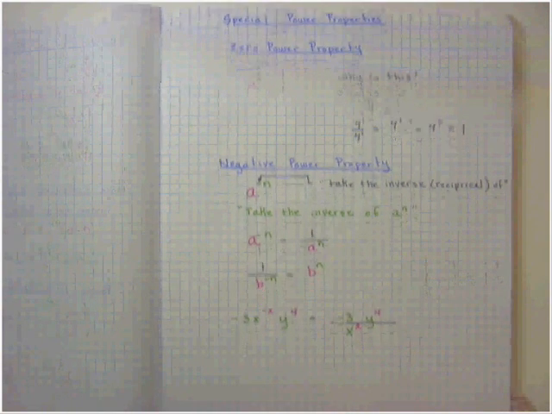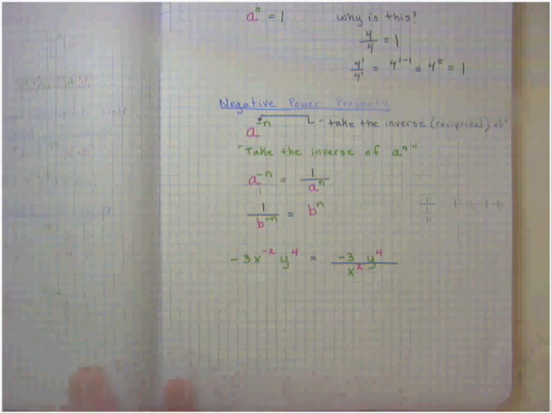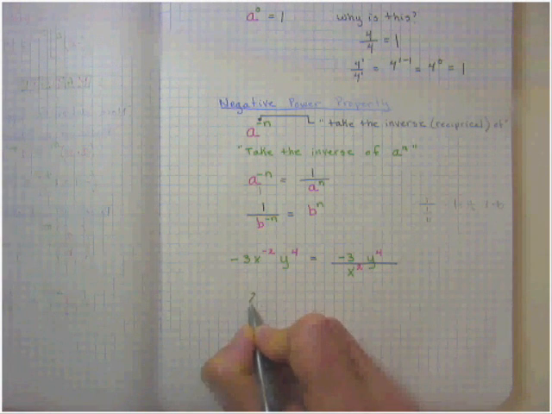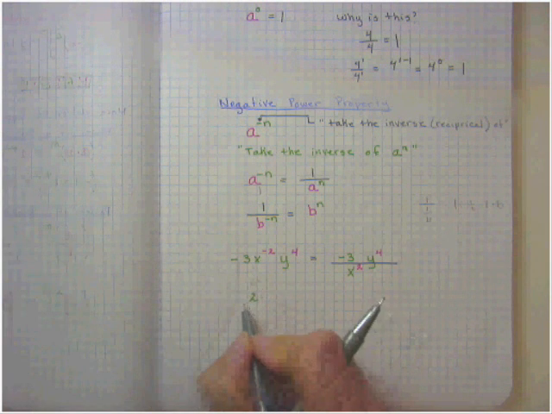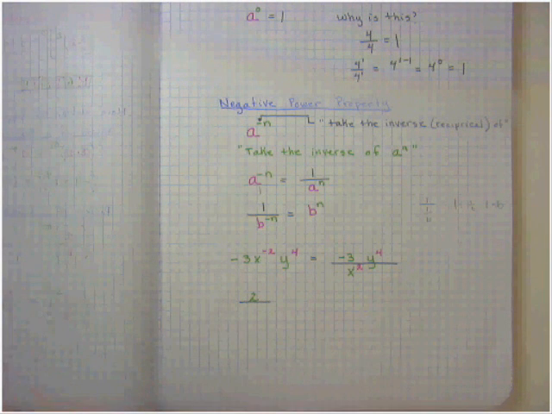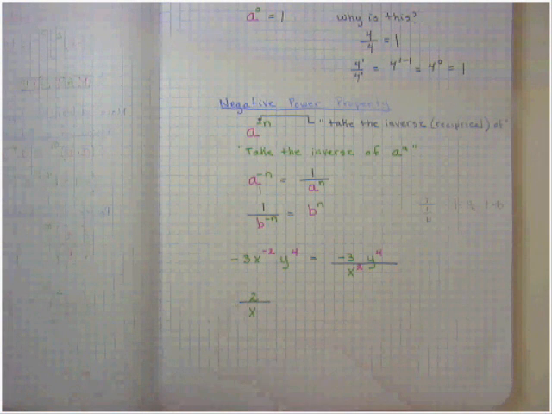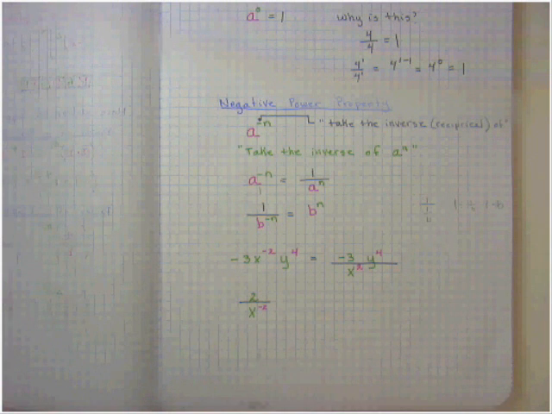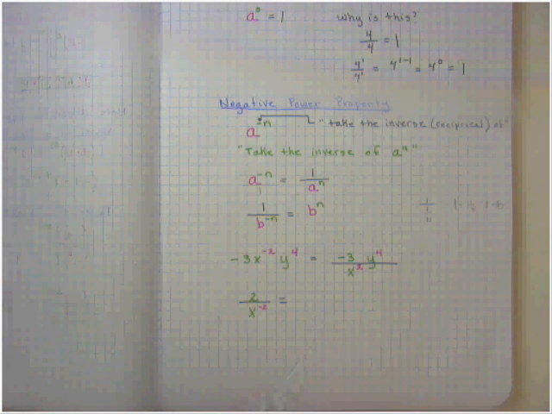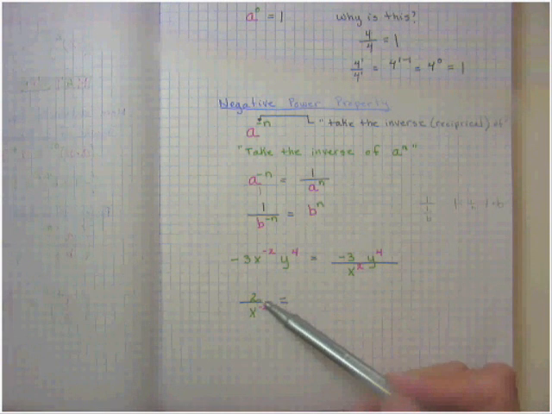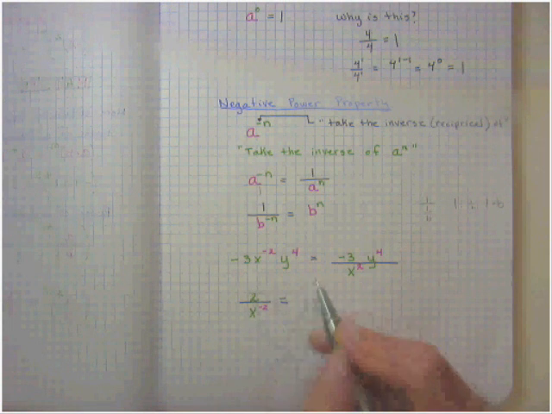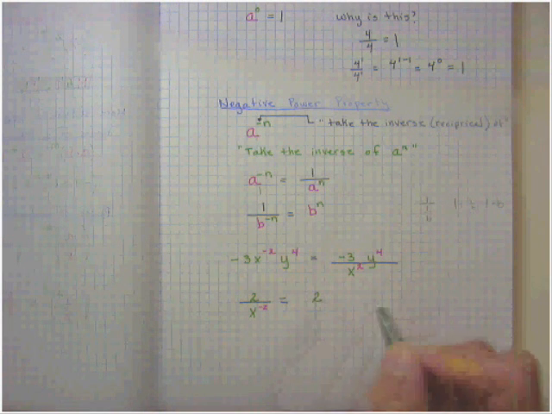Okay? So another numerical example would be if I had 2 divided by x to the negative 2. Okay, so let's look at what we have here. I have a 2. Where is it? It's in the numerator. It wants to stay in the numerator, and nothing's happening to it. So I'm going to leave it where it is.